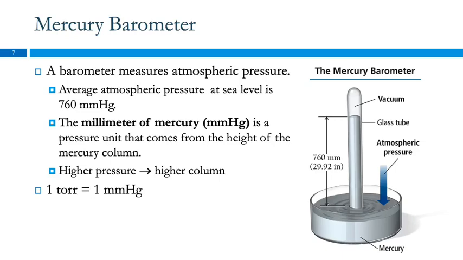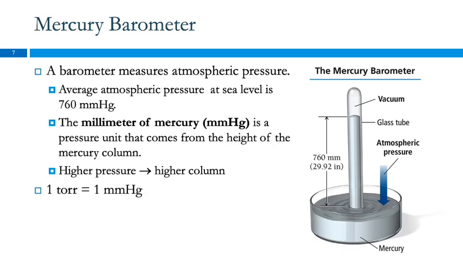Like, how can you measure pressure as a length of an element? That's crazy. Well, it's how high is the column of mercury in that glass tube. So, millimeter of mercury, mmHg, is the pressure unit. So the higher the external pressure, the higher the column of mercury. The lower the external pressure, the lower the column of mercury.